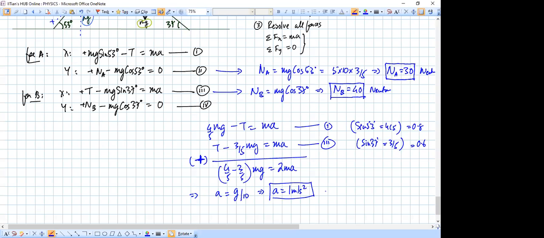Then substitute this in equation 1 or equation 2, whichever, and you get your tension as 35 newtons. So this is the equation solving part.